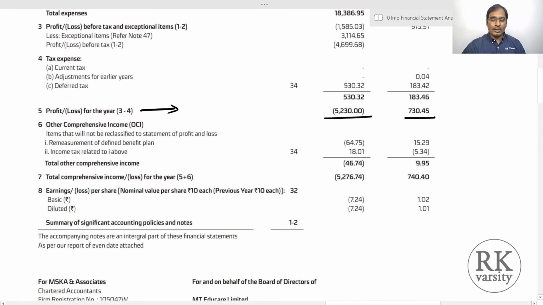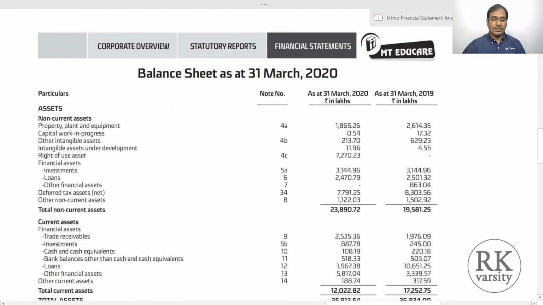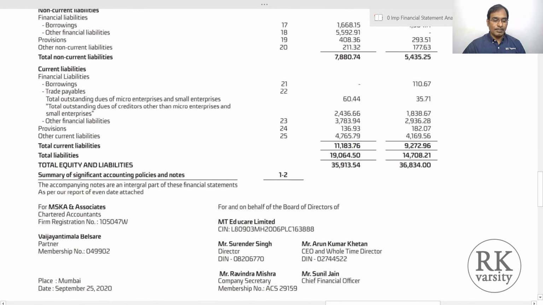So you have the numerator, and then you need to look at the balance sheet to look at equity capital. This company has an equity share capital, only one form of equity, and other equity. All this comes to your total equity, and there are no preference shares and no preference dividend to be paid.